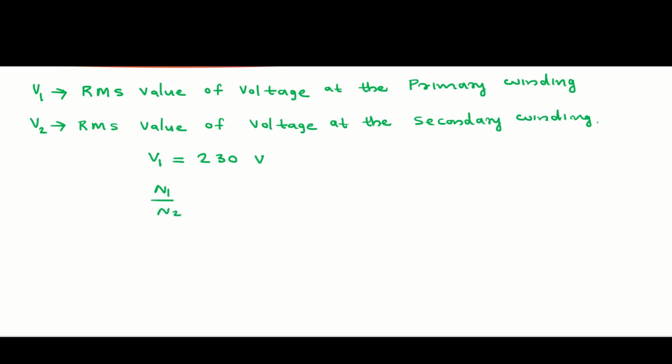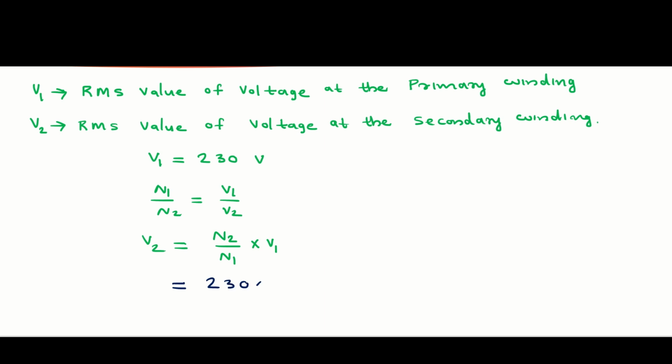N1 by N2 is equal to V1 by V2. That is V2 is equal to N2 by N1 into V1, which is equal to, N2 by N1 is 1 by 10 and V1 is 230 volt.